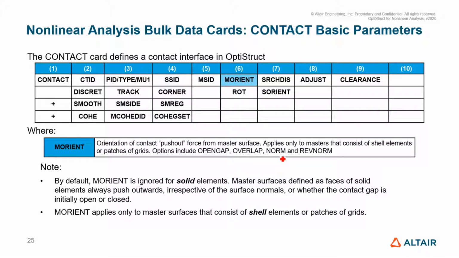Normally we follow the normal of the elements. That's why it's normally normal here, but we have the option to do a reverse normal as well. So you have two options. Either you reverse the element normals or reverse this M orient here.